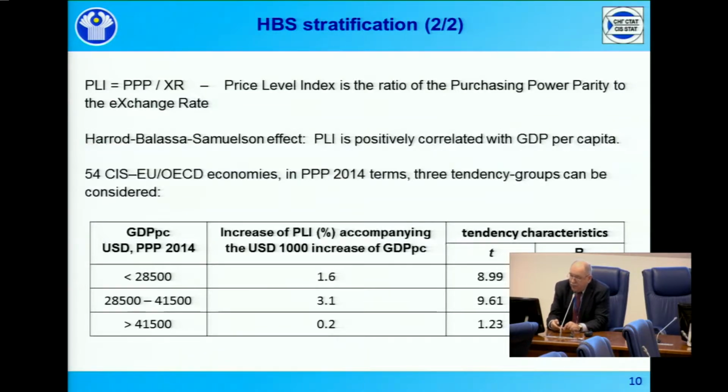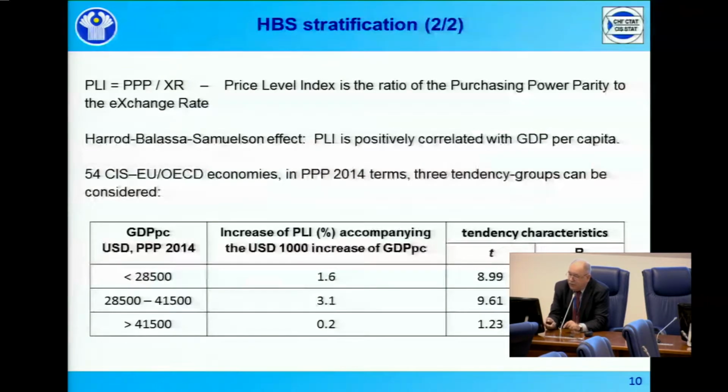Well, I present here the tendency characteristics, the T statistics and R coefficient. You can see that at least for the first two groups, the T characteristics and the R coefficient are quite good.